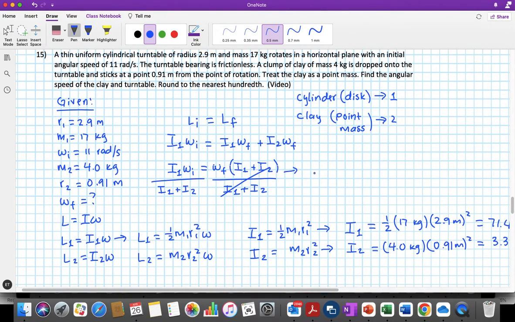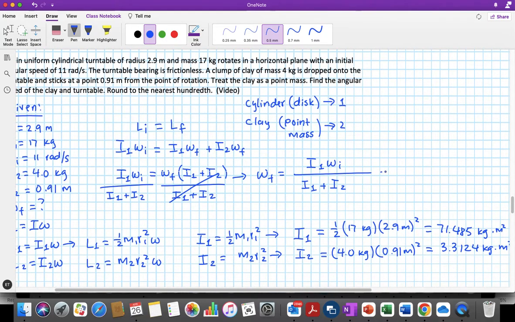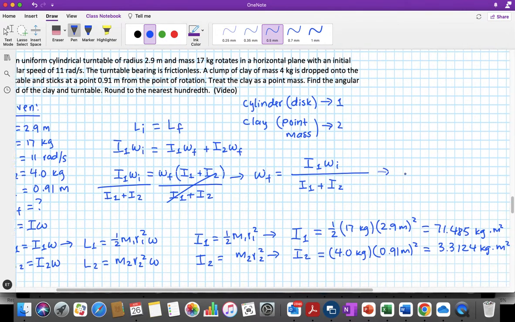And then omega final equals moment of inertia 1 times initial angular speed divided by moment of inertia 1 plus moment of inertia 2. You'll see how simple this would be when we substitute.